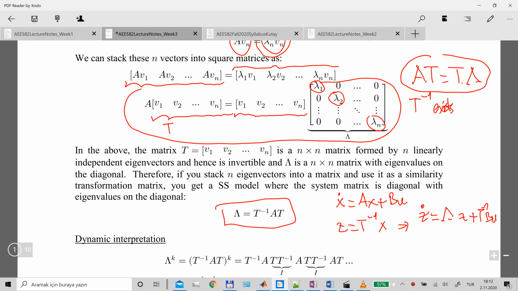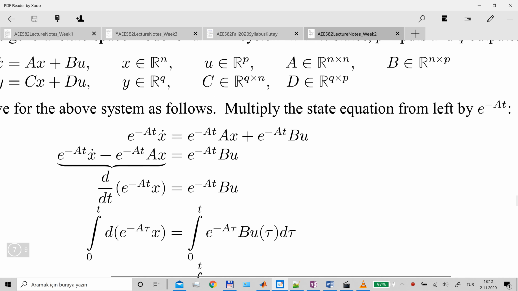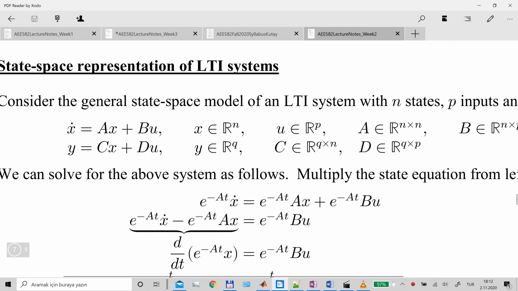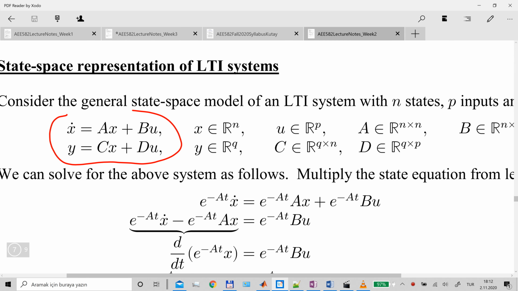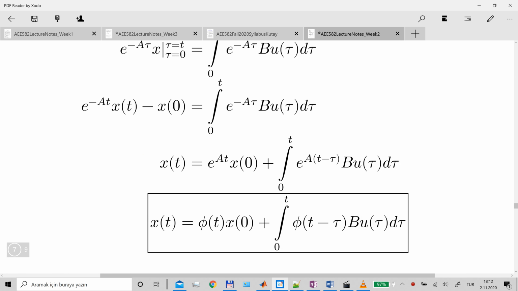To understand the importance of this special form of state space model, we need to remember the solution of state space model from last week's lecture notes. So remember, if you have a state space model given in this form, the response of the system in time domain can be written as you see here, where you have the exponential matrix e to the power At.